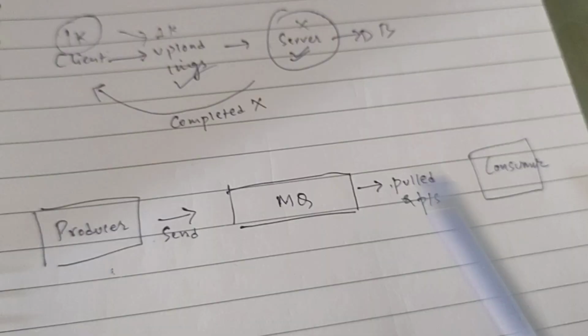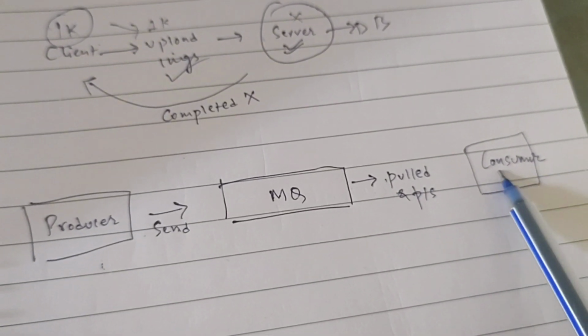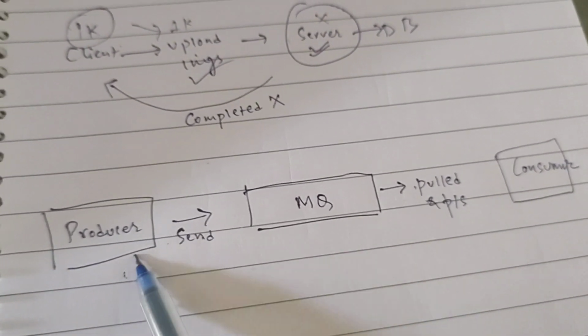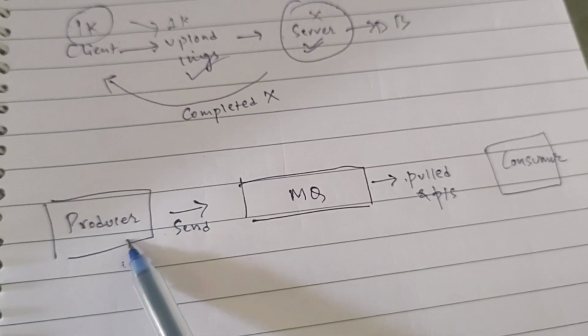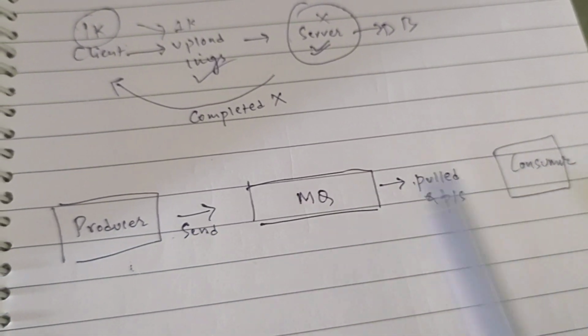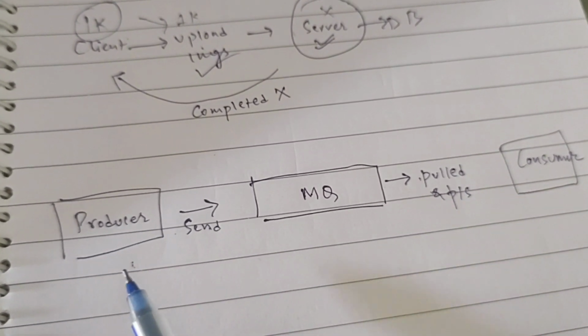So basically this is the architecture. The producer doesn't know what the consumer is doing, and the consumer doesn't know what the producer is doing. They are decoupled and don't know about each other.